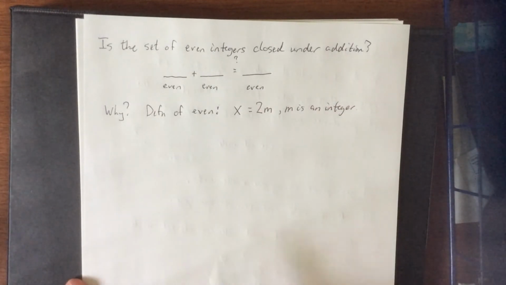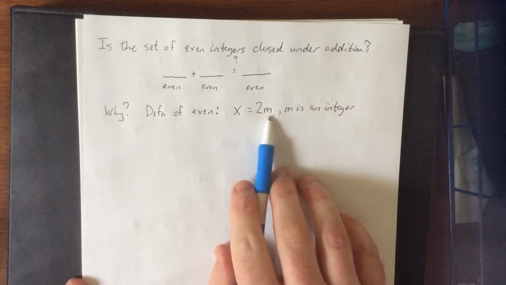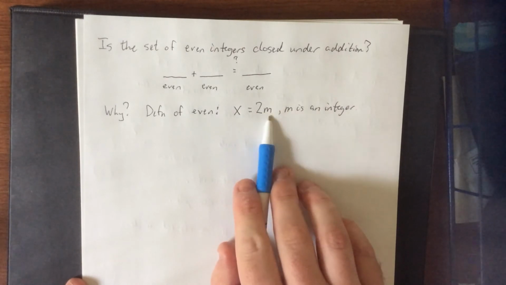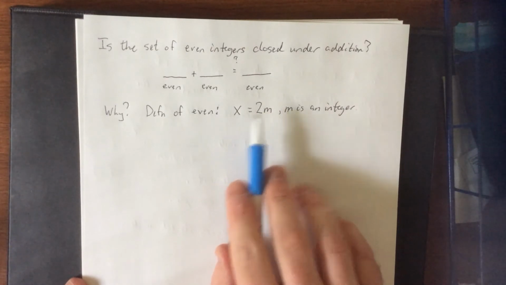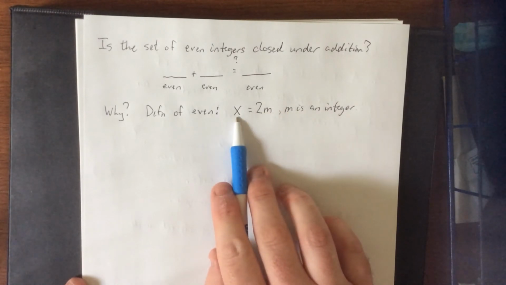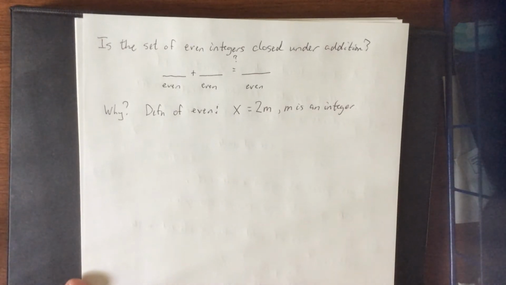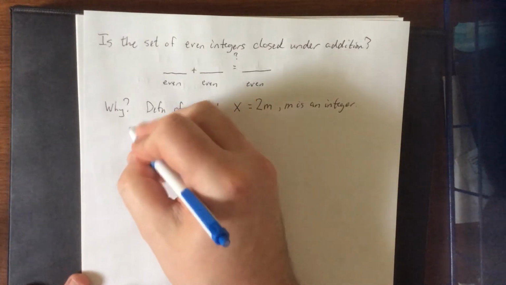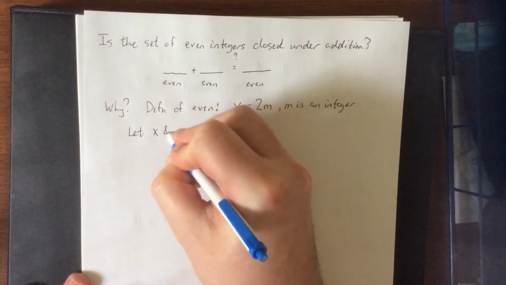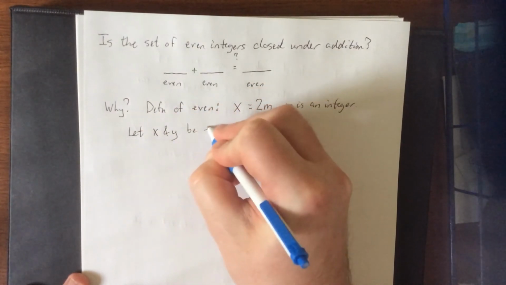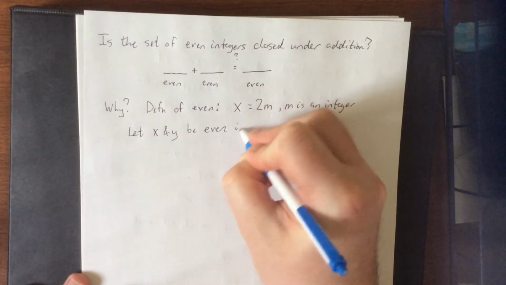So, for example, is 6 even? Well, yes, because that would be 2 times 3, and 3 is an integer. Is 16 even? Well, yes, because it's 2 times 8, where 8 is an integer. So what we're going to do is let x and y be even integers.